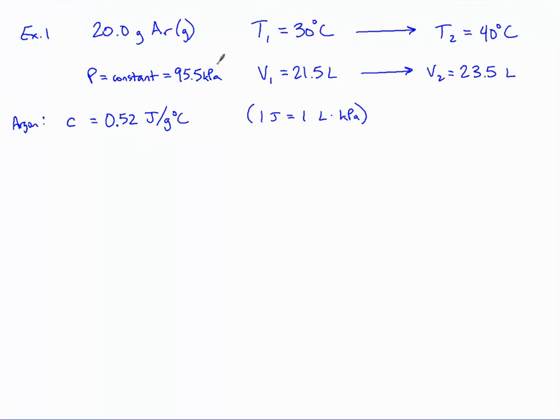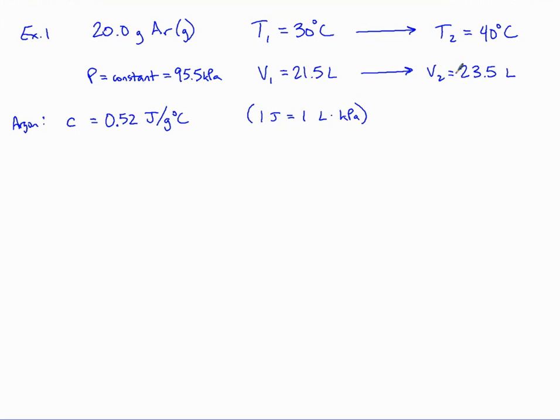It is expanding from 21.5 liters, so that's my initial volume, from 21.5 to 23.5 liters, and this is my new volume, final volume. By how much has the internal energy of the system changed? So what's the change in the internal energy? We are looking for delta E internal.